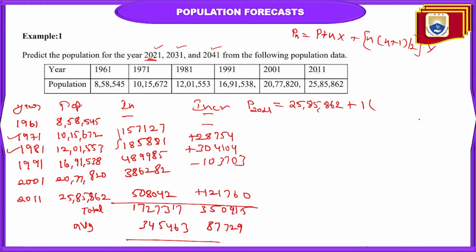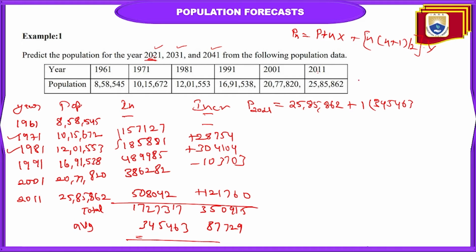This X is the average of the incremental value, which is equal to 54,54,63.